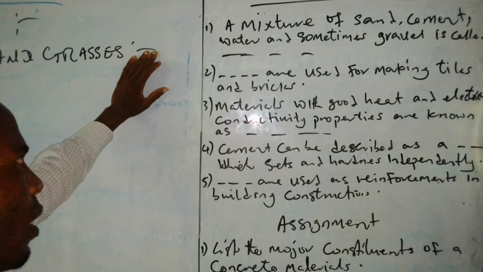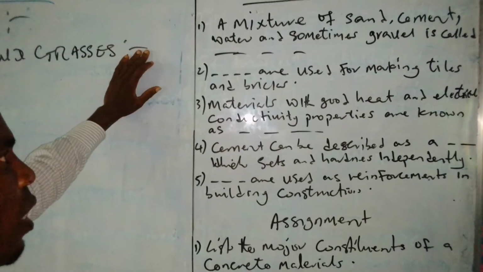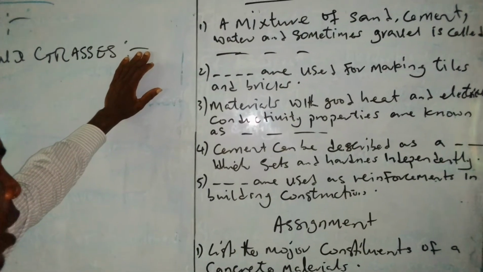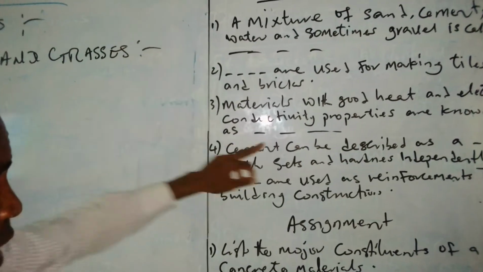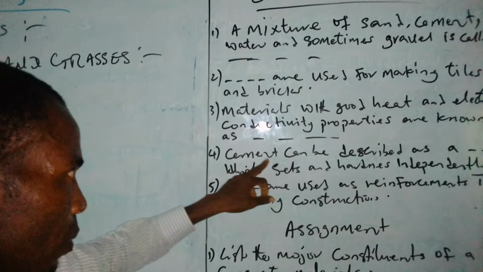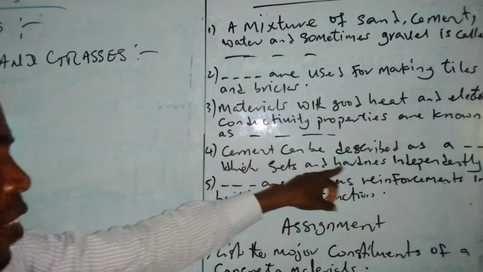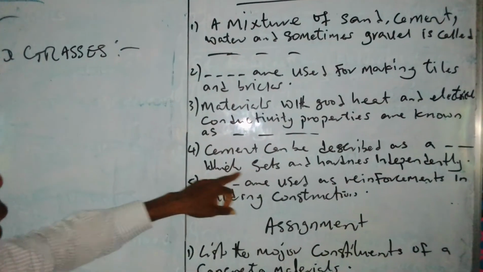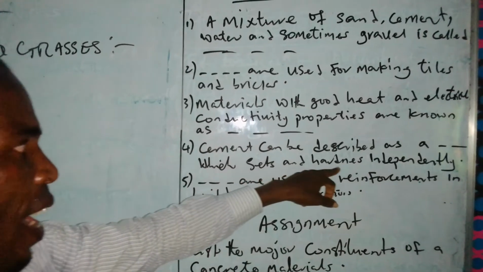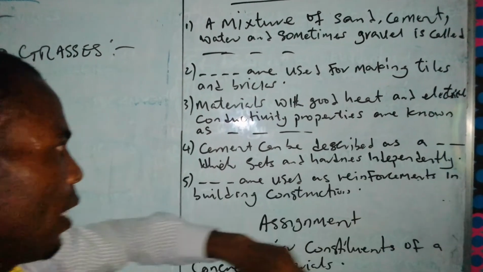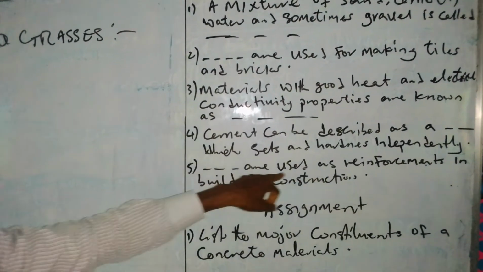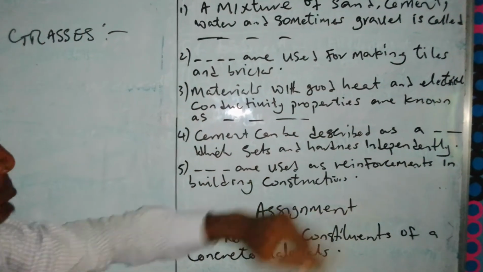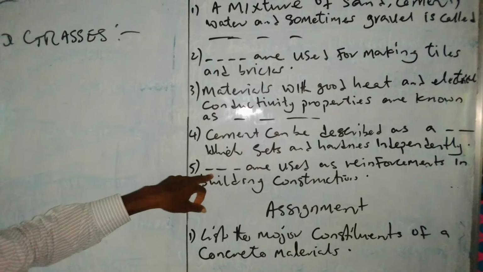Number 3, materials with good heat and electrical conductivity properties are known as dash. Number 4, cement can be described as a dash which sets and hardens independently. Number 5, dash are used as reinforcement in building construction.